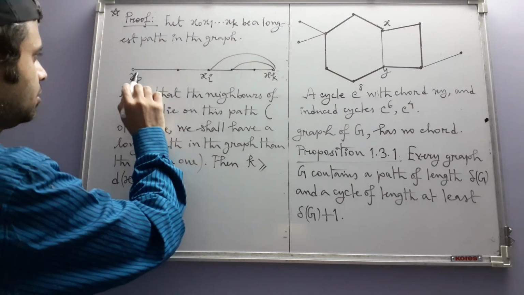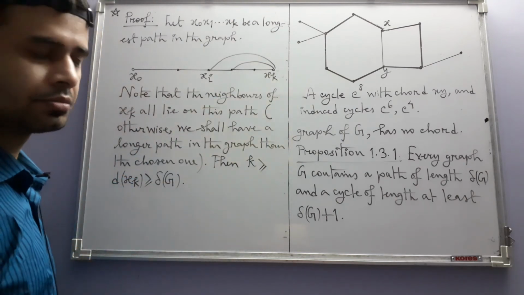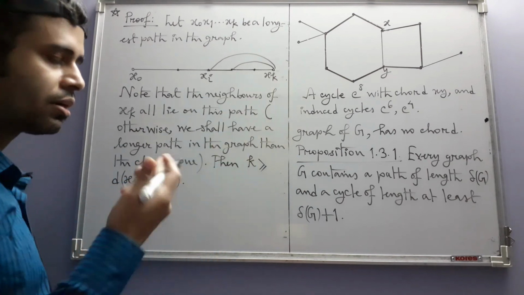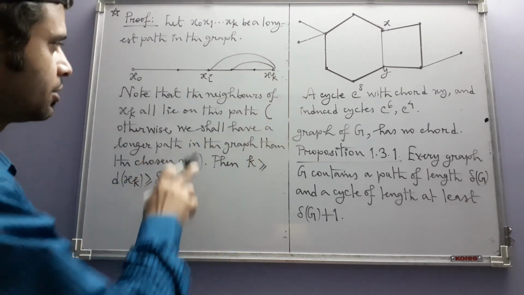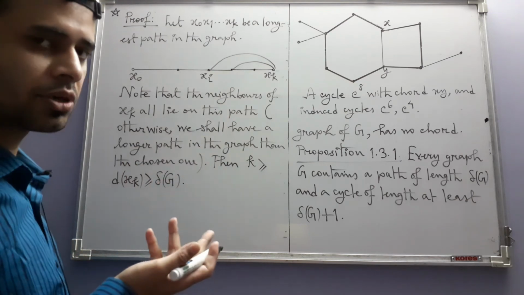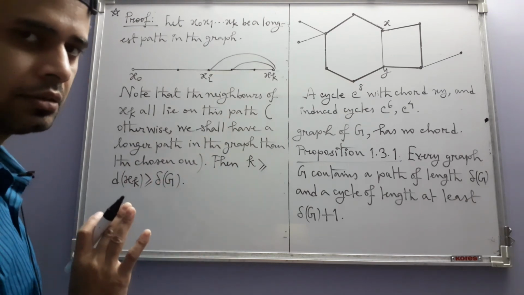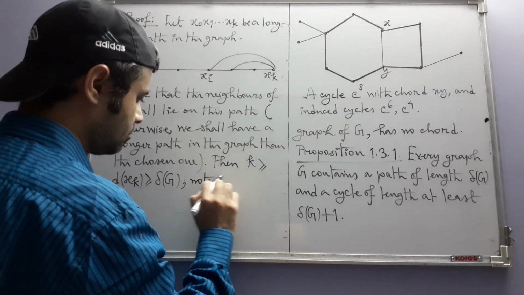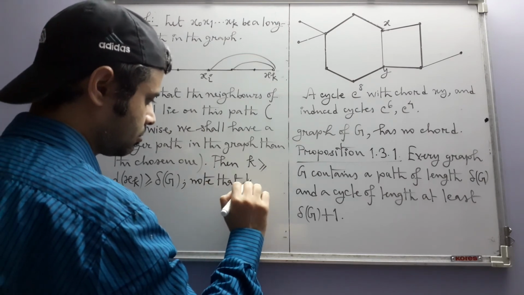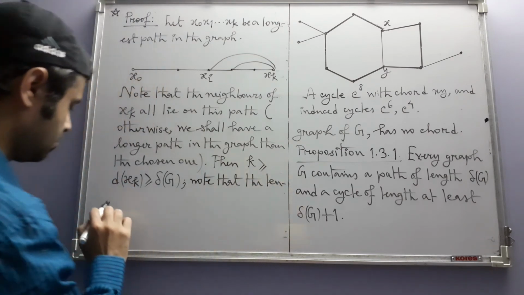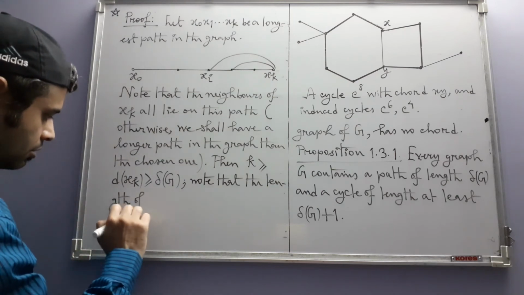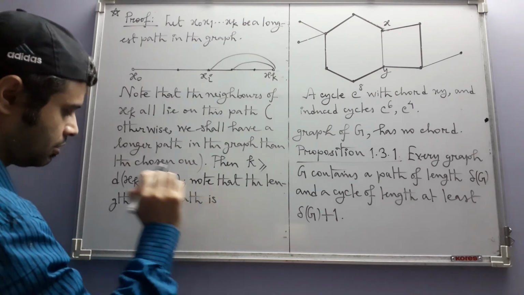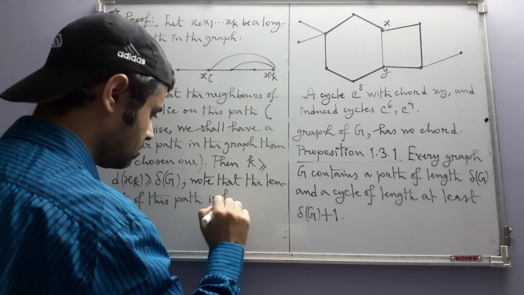You see, what is the length of this path? The length of this path is the number of vertices minus 1, because the number of edges of a path is 1 less than the number of vertices. Note that the length of this path is k.